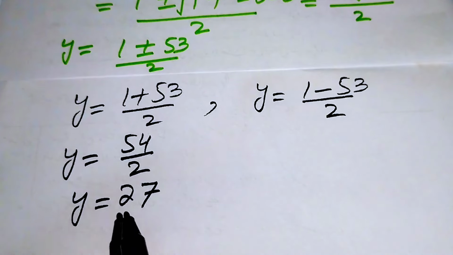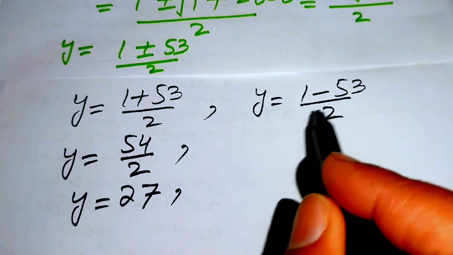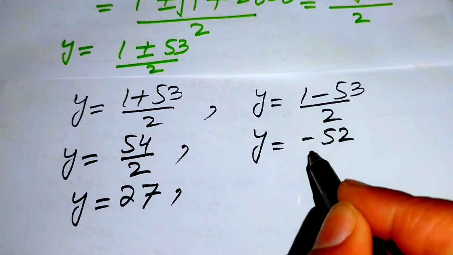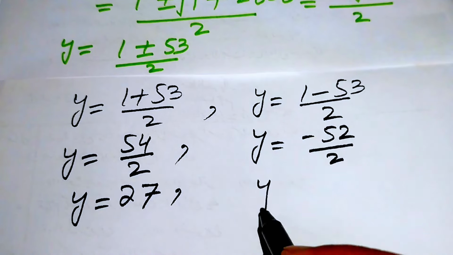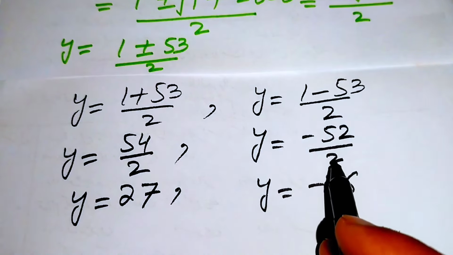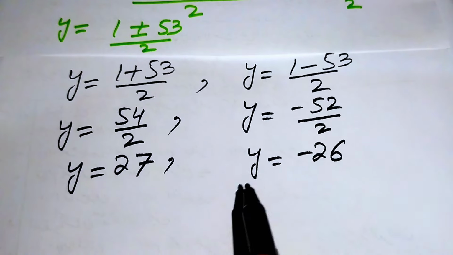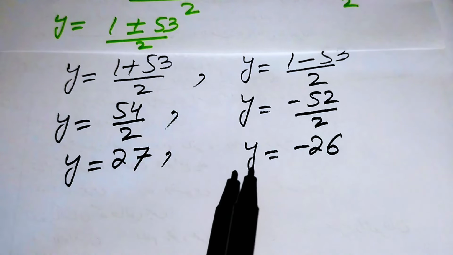This is the first value of y. For the other value, 1 minus 53 becomes minus 52, and we get minus 26 because 2 times 26 is 52. So here we get two values of y: first is 27 and second is minus 26.